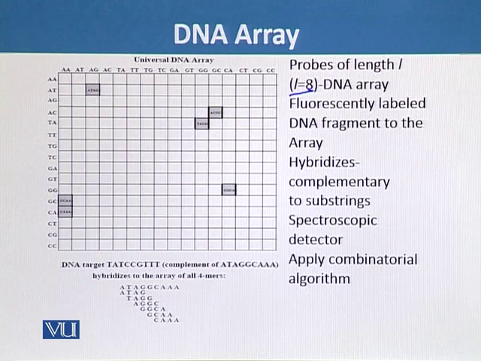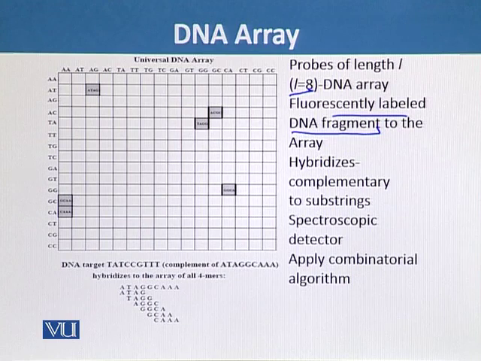Then we apply a solution containing fluorescently labeled DNA fragments to the array. We make some modifications to the DNA fragment and add fluorescently labeled dyes so that we can detect the binding of the DNA with the probes.